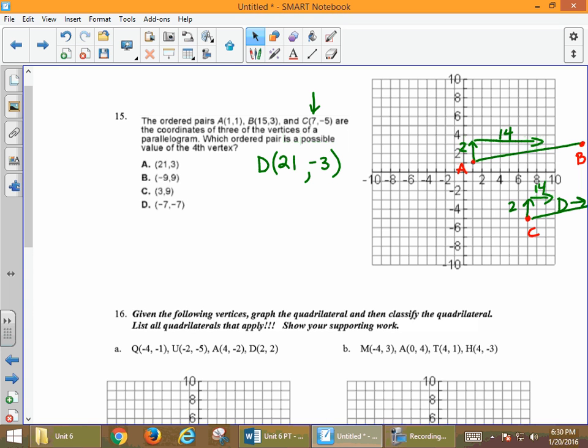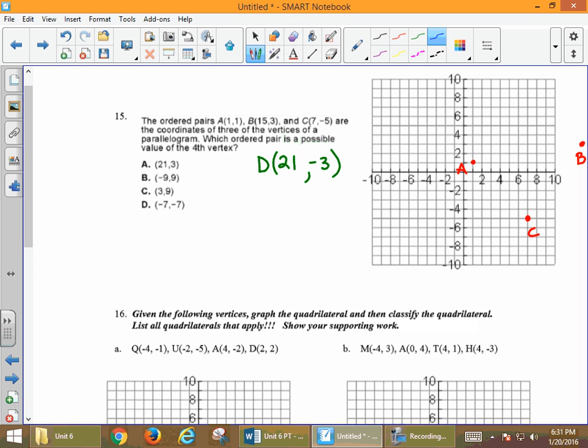Okay, let's pretend, let's get rid of all this green. And let's say that I know that D could be somewhere up in here. I don't know where, somewhere up in there. And I know that if BC and AD were parallel, I would have a parallelogram.